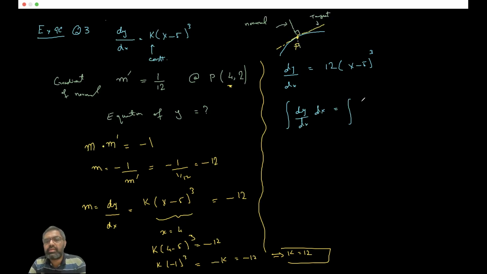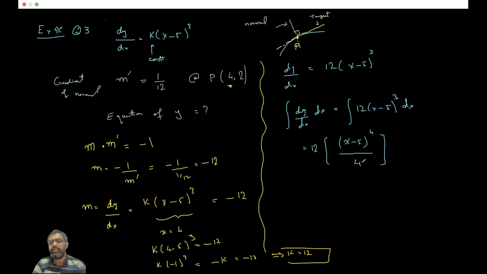So this is the integral of 12(x minus 5) cubed dx. 12 is constant, so it's outside. And then (x minus 5) cubed, simple power rule. So (x minus 5) raised to power 4 divided by 4. For integration by power rule, we increase the power by 1 and divide by this new power. Don't forget plus c, the constant term.